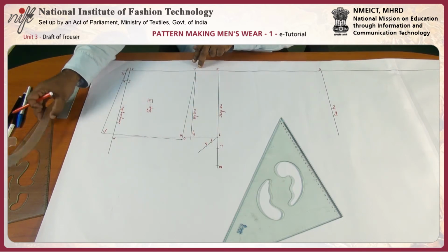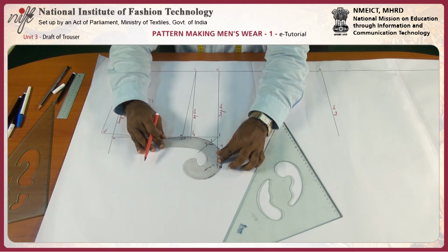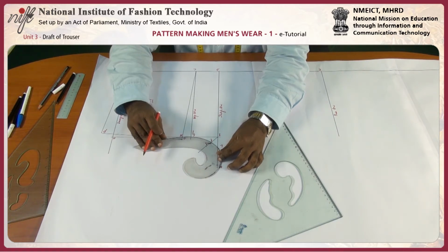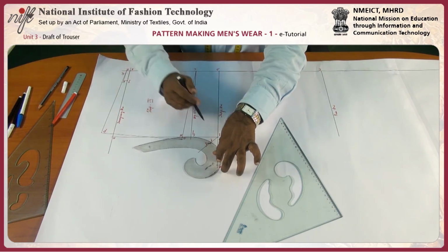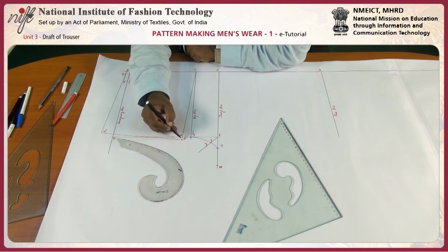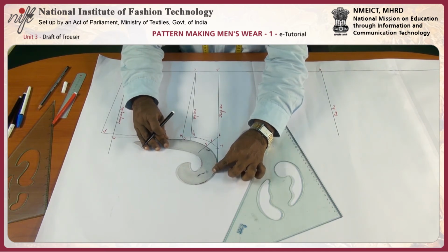Repeat this measurement from C, G and H. Connect EF and GH. With this, cuff is complete.